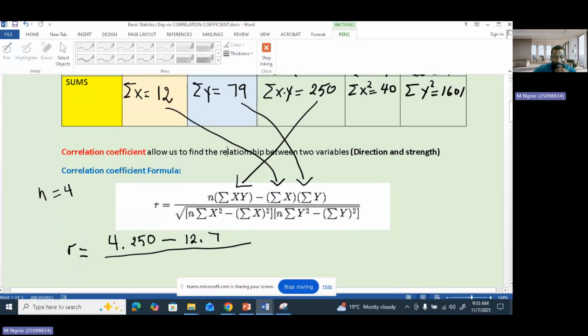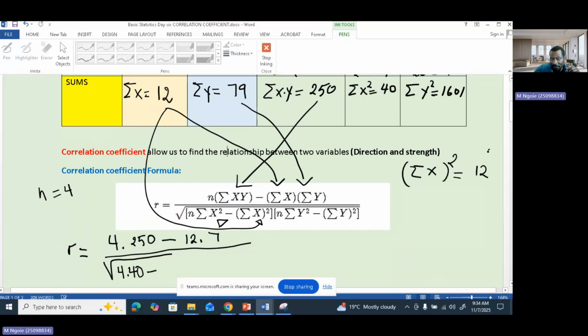Divide by the square root. Your n is 4 times the sum of x squared, which is 40, minus the sum of x, everything squared, which means 12 squared.